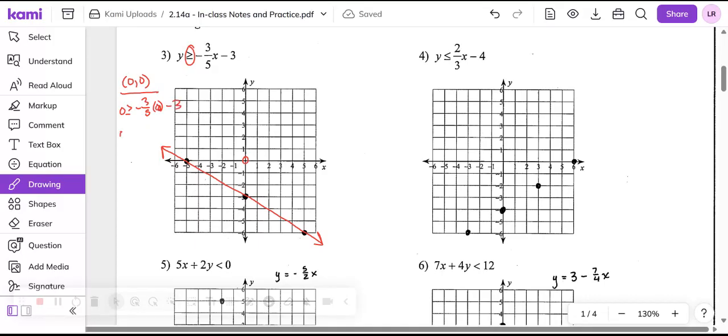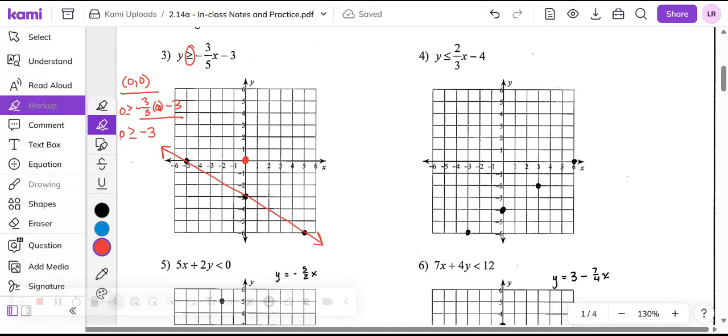On the left side I have a 0. On the right side, remember you can just type it in your Desmos: negative 3/5 times 0 minus 3 is negative 3. Remember, we're trying to see whether it's true or false. 0 is the bigger number, and that is written correctly. So (0, 0) is a solution.